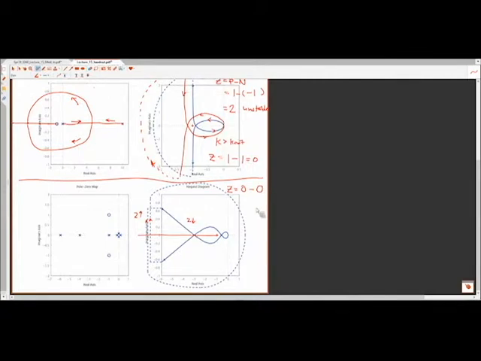Okay. All right. So then the question is, what happens if I increase my gain? So let me erase all this. All right, so this is k equal to 1. All right, k greater than some k critical.